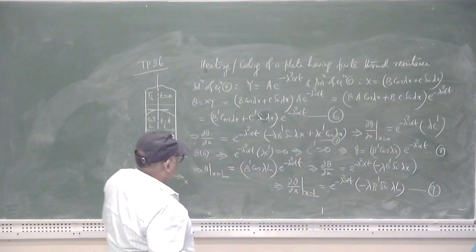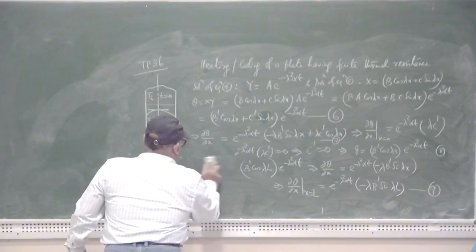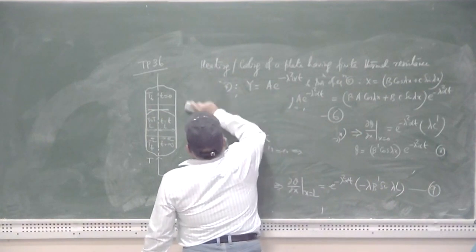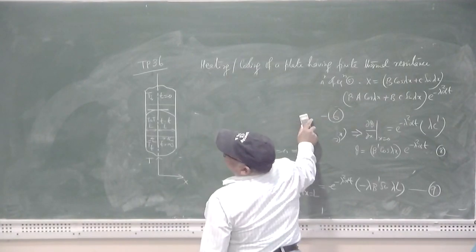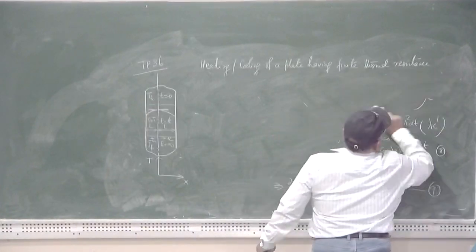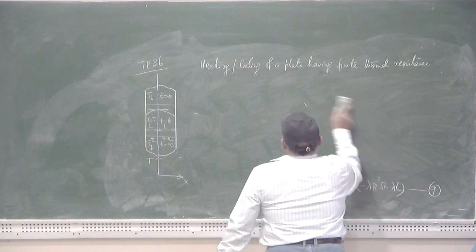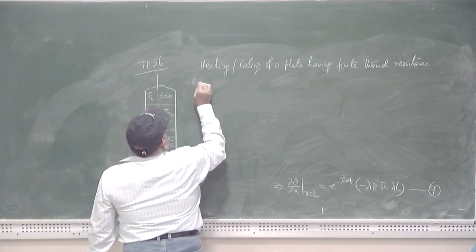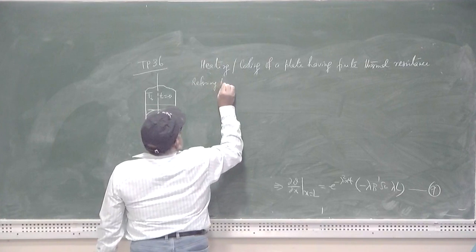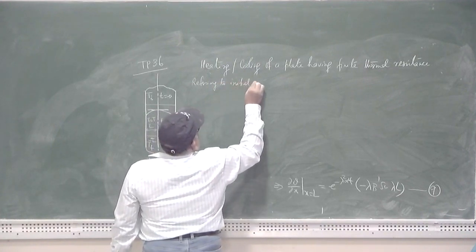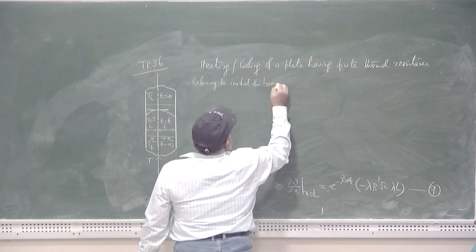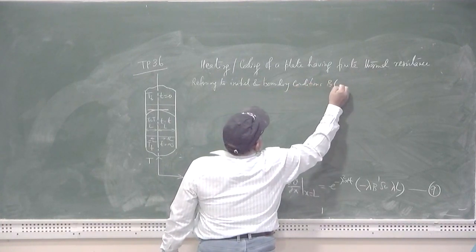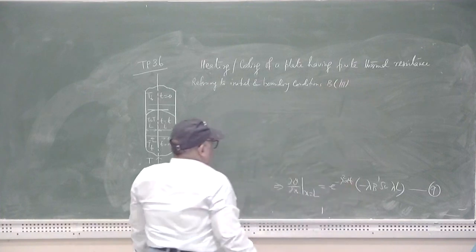Now we proceed from equation number 9 again, and we will refer now to the boundary condition B3. What was that?